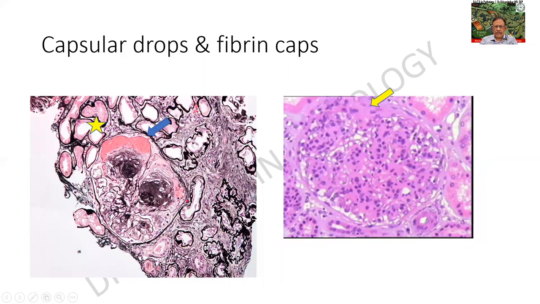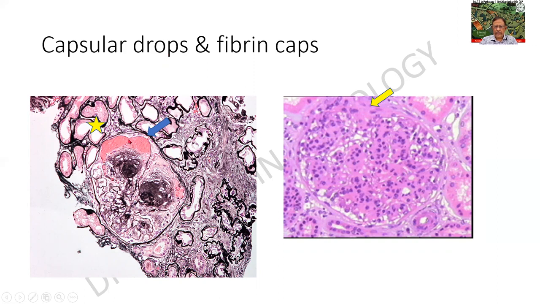This is a glomerulus. As I mentioned earlier, the kidney has got a glomerulus, the tubule, the supporting interstitium, and the blood vessel. These are the four parts. We will concentrate on the glomerulus alone now. I find within the glomerulus there is an eosinophilic material that is being deposited in a cap-like form, and that is called a capsular drop.